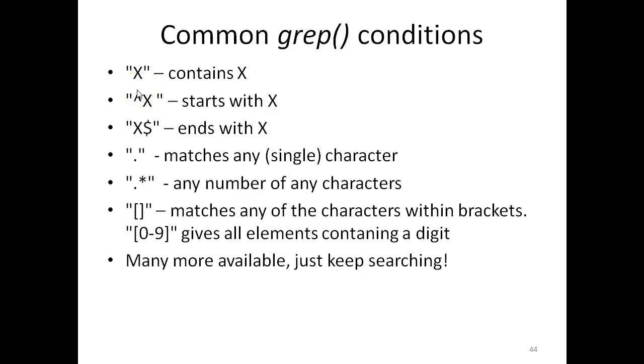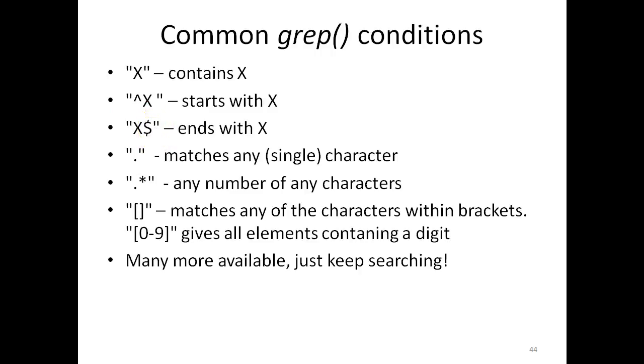If you are not interested in all character strings containing X anywhere, but you're actually only interested in those starting with an X or another pattern, then you write the hat sign followed by the pattern you're looking for. And if instead you're looking for elements ending with an X, you would write X and the dollar sign.